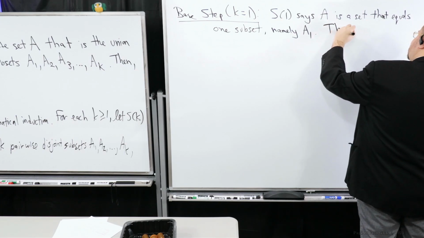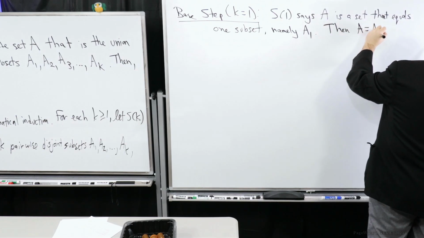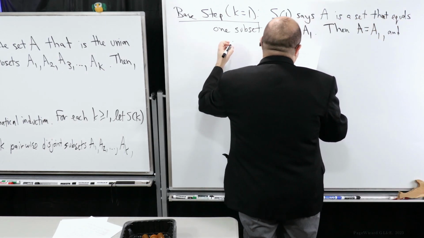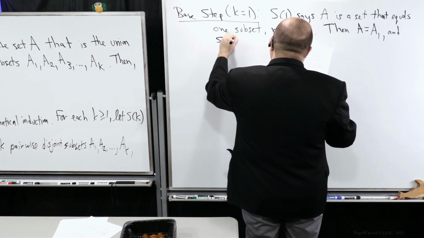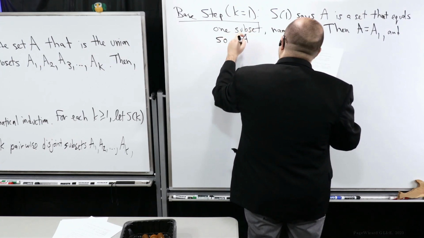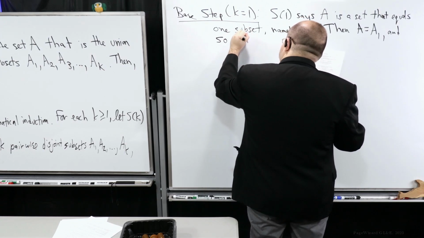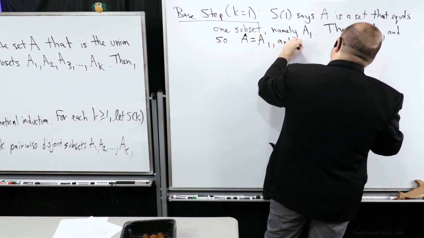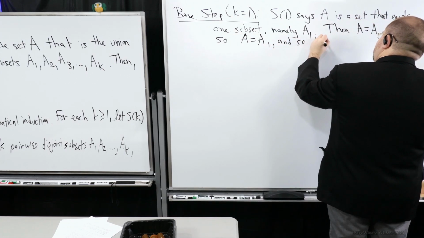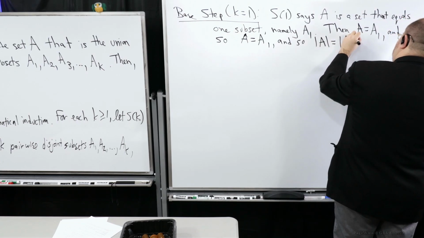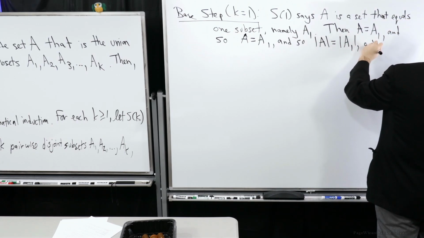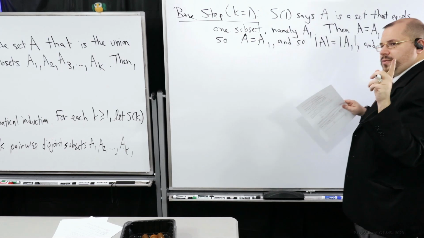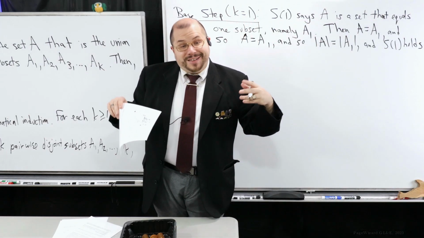Then A is equal to A1, and because these are the exact same sets, they have to have the same count. And so the cardinality of A is the cardinality of A1, and S of 1 holds. So we've proven for k equal to 1 the addition principle.